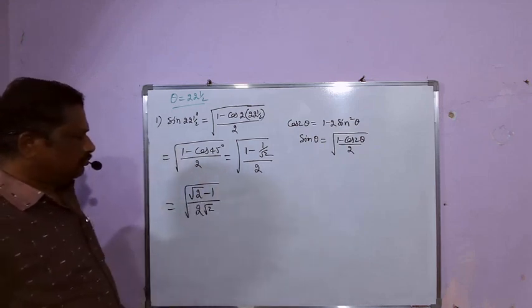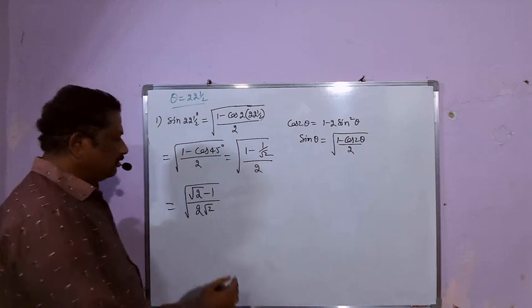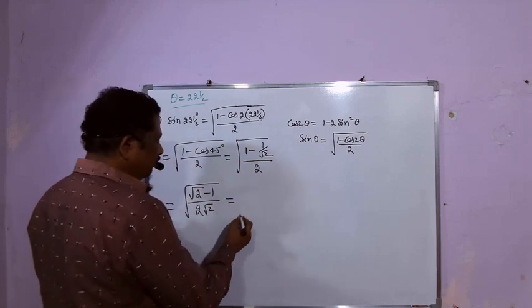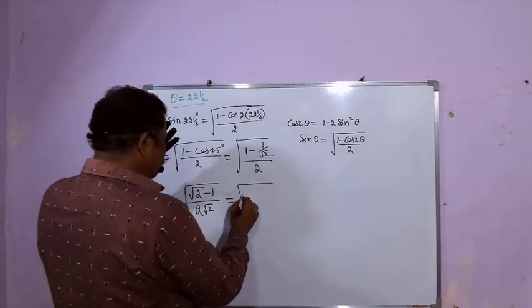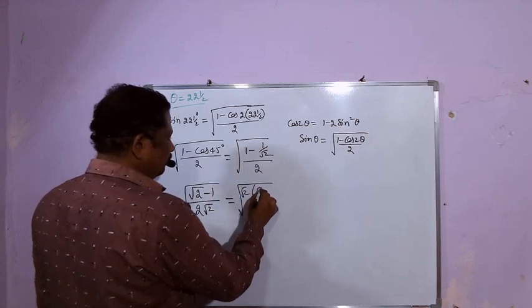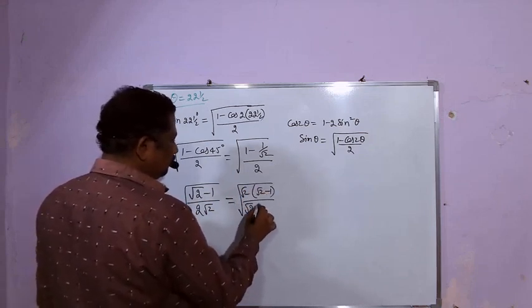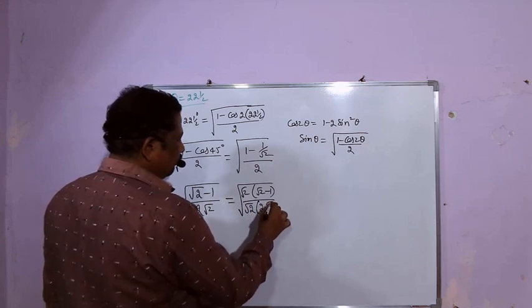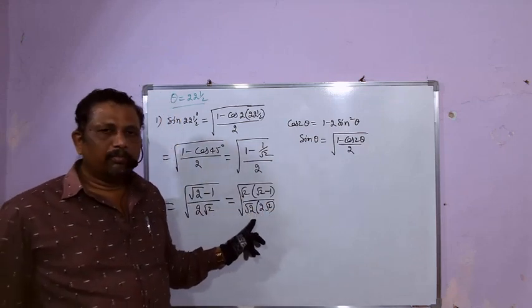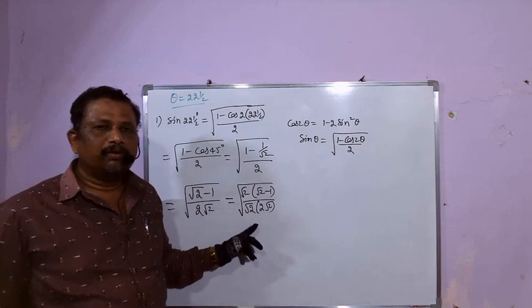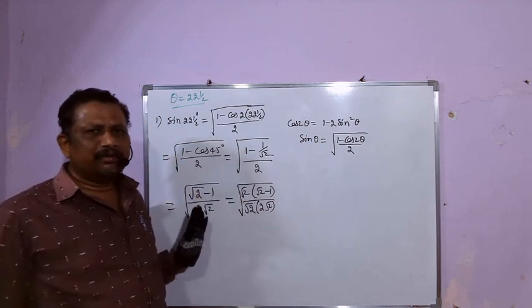So root 2 minus 1 by 2 root 2. If you want to simplify further, numerator and denominator we multiply with root 2: root 2 into (root 2 minus 1) by root 2 into 2 root 2. Both will cancel, same thing you get.